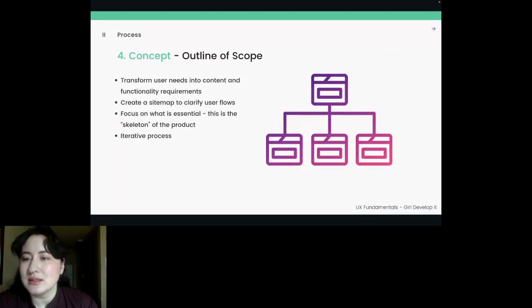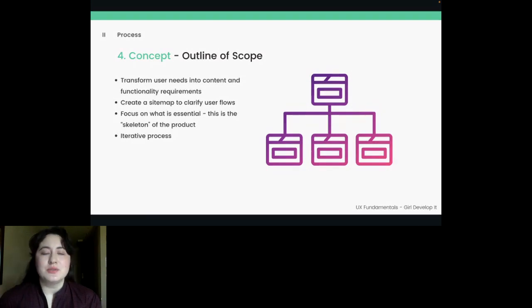Okay, so next step is going to be concept. And this is where you're going to start to outline the scope of your product. So this is a little image.